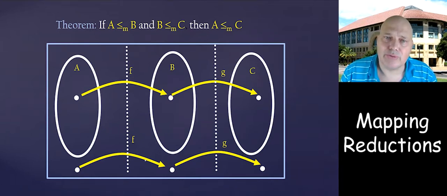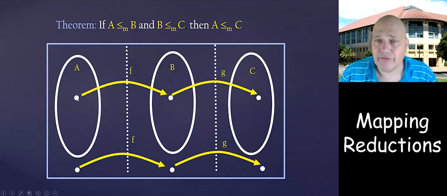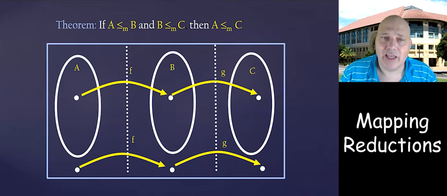The function that first applies f and then applies g will be computable because f and g are computable, and it will have the property that if you start in A, you'll end up in C, and if you start outside of A, you'll end up outside of C.